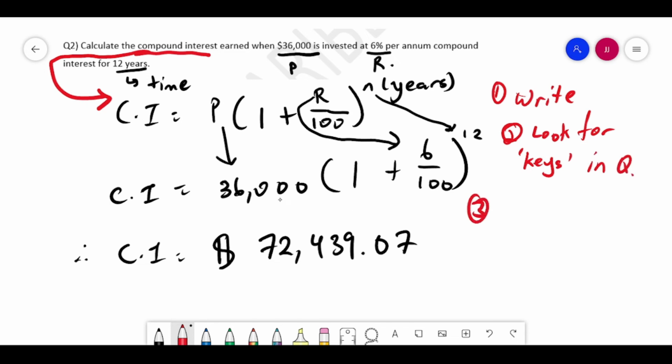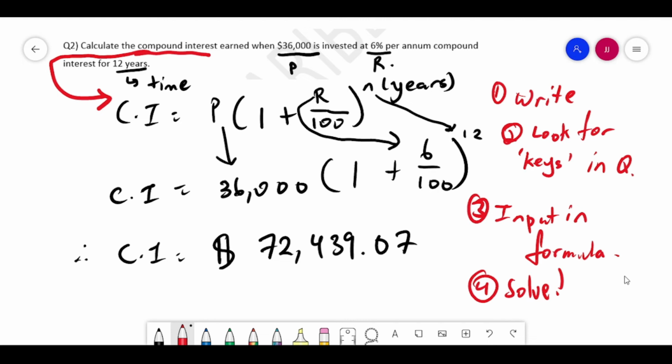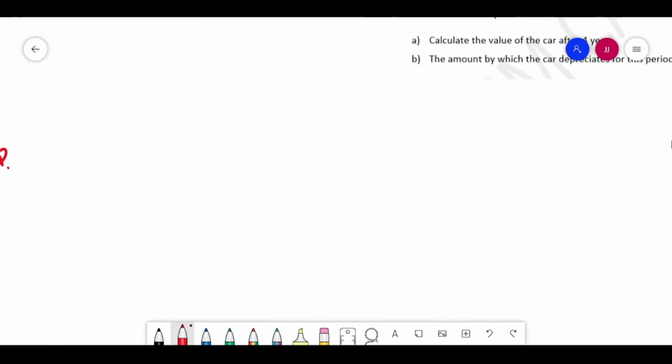Then we input it into the formula, and solve. Always double check this, by the way.